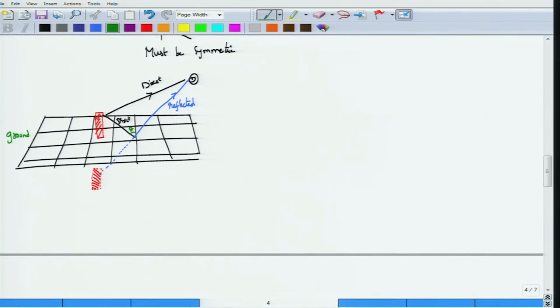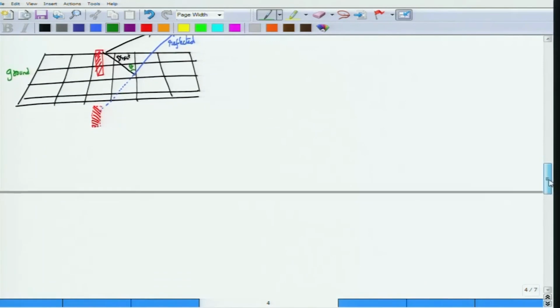So instead of having a half wave or half wavelength lambda by 2 dipole on the top, you can actually use this idea of the image antenna by cutting down the length from lambda by 2 to lambda by 4, and what is called a lambda by 4 monopole antenna over the ground. It will simulate the effect of lambda by 2 antenna, but of course it will also have some other factors that we will not discuss at this point. But the point is that ground planes will disturb the antenna pattern. Keep this in mind.